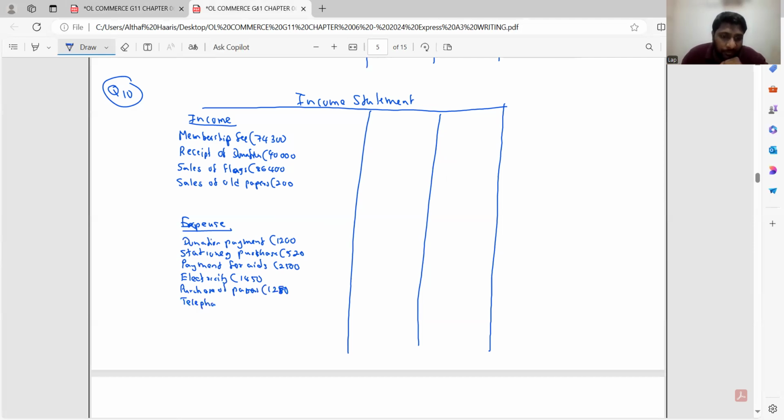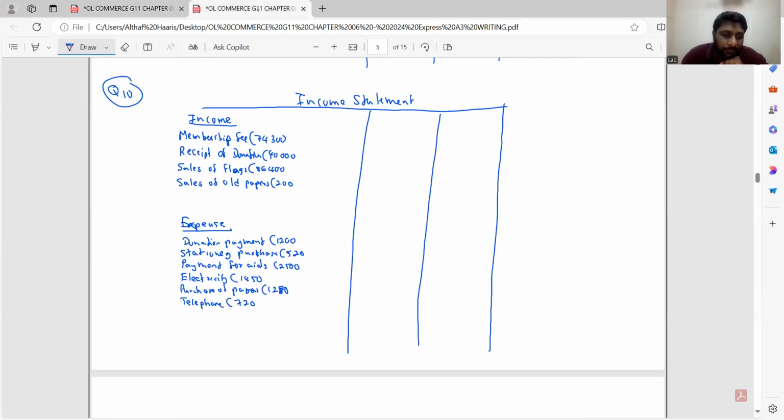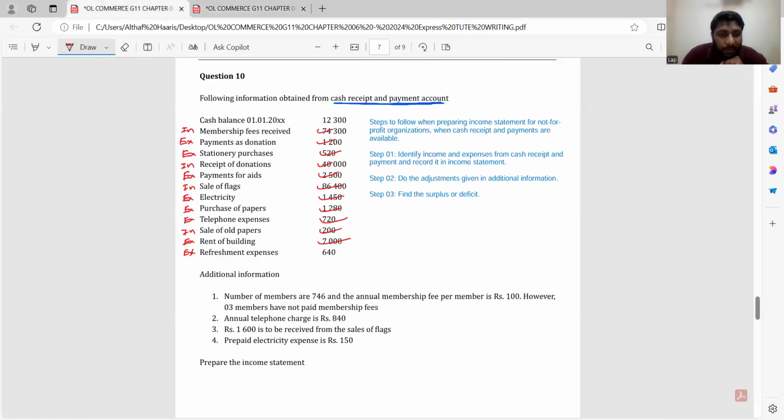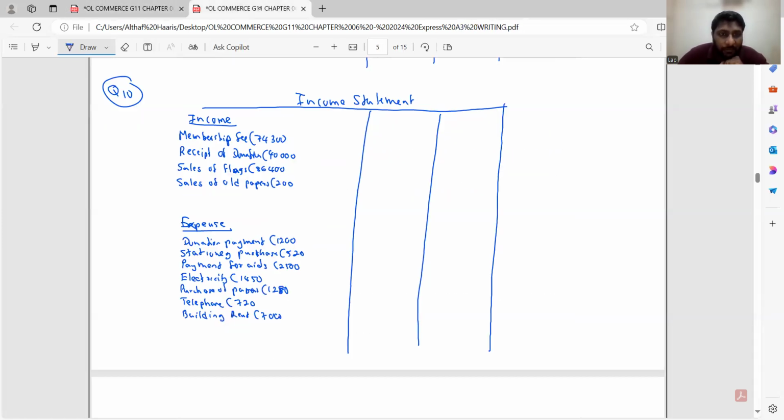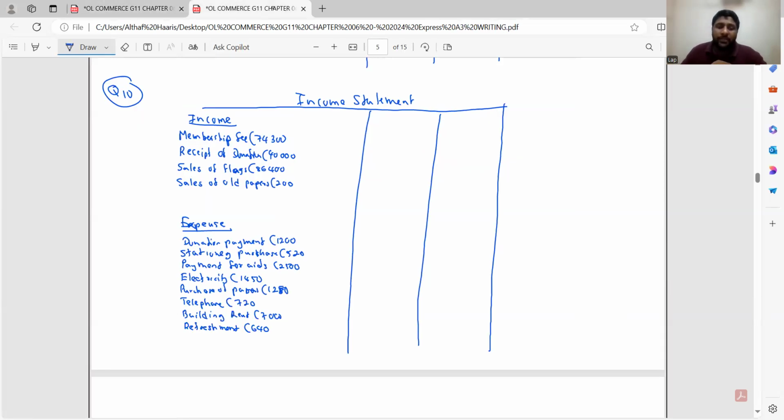Building rent, 7,000. Refreshment, 640. Done. So quickly finish off this part, people. Then we'll move to the adjustments.